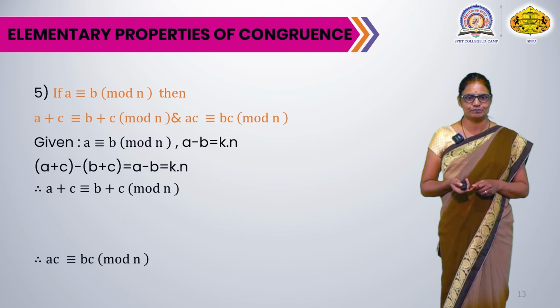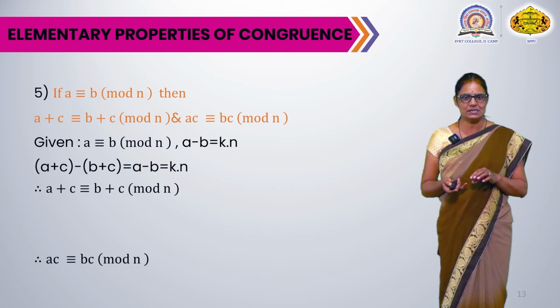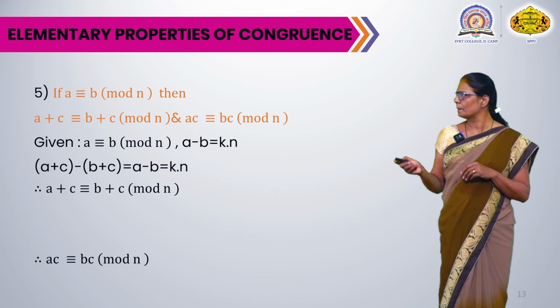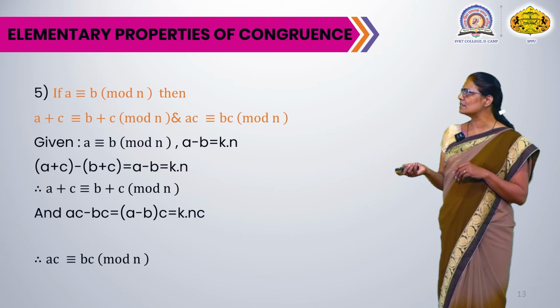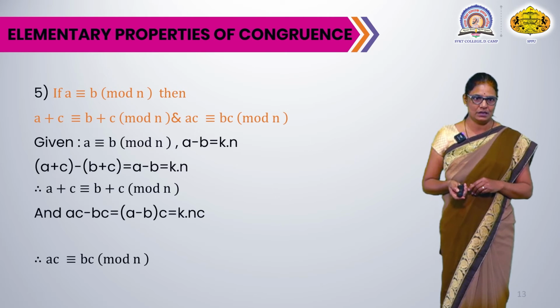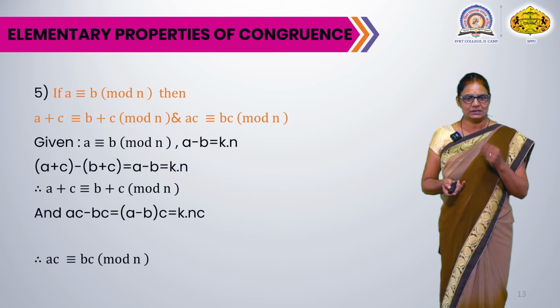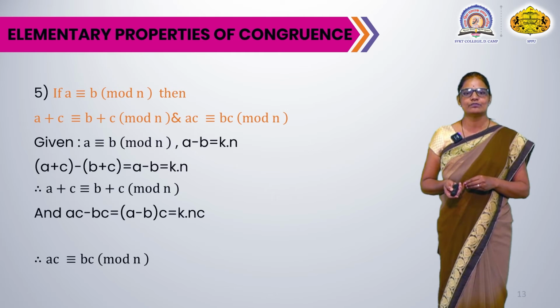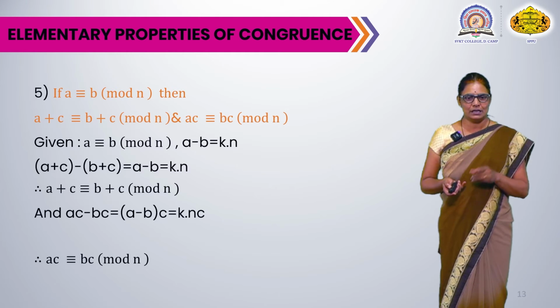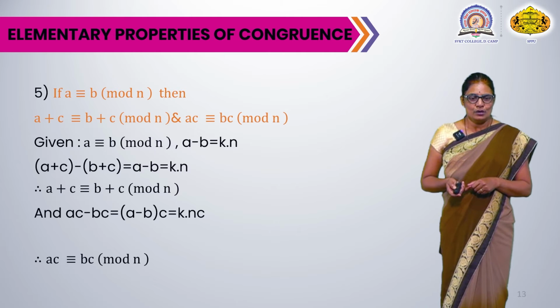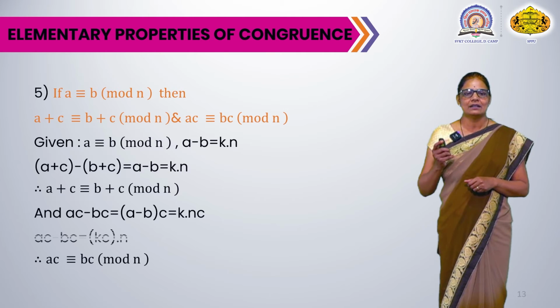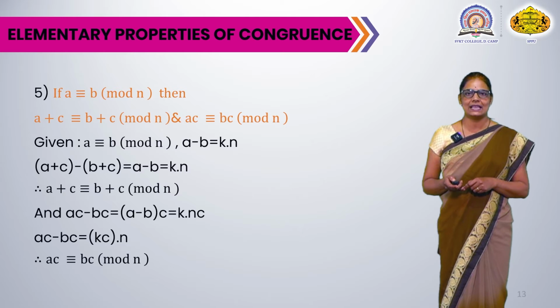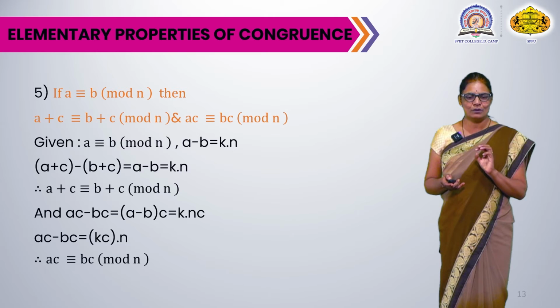Now concentrate on the second result, and for that again we consider the difference AC minus BC. Taking C as common, the remaining is A minus B. Now put the value of A minus B from the above equation, so it is K times N multiplied by C. So AC minus BC can be written as KC times N. K is an integer, C is an integer, so K into C is a whole integer.